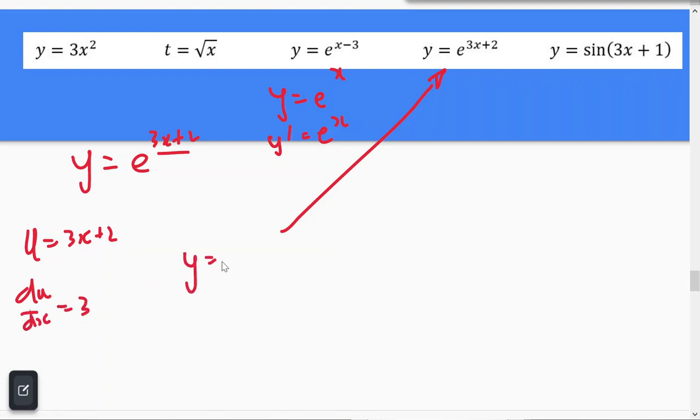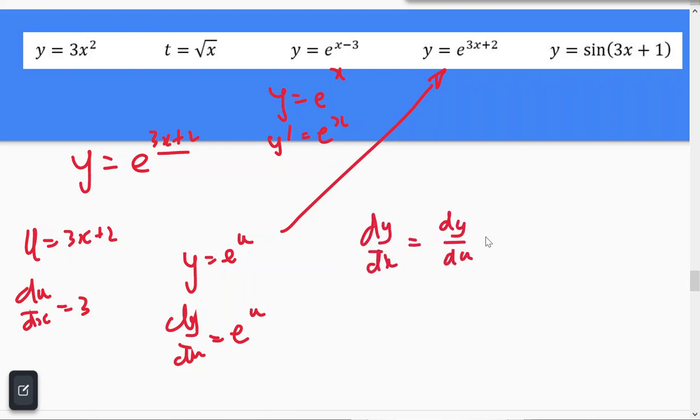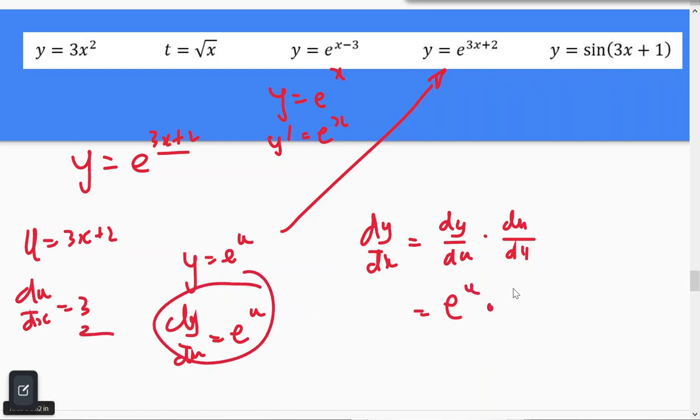And y now equals e to the u, which means that dy/du is going to equal e to the u. So dy/dx should equal dy/du times du/dx, which is going to be e to the u, because dy/du is e to the u, times 3. And substituting that back, I get 3e to the (3x plus 2) is what dy/dx looks like.